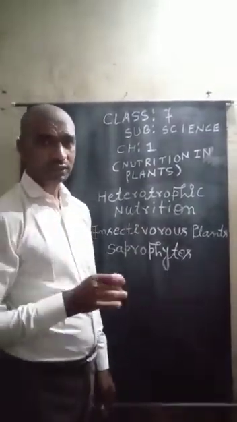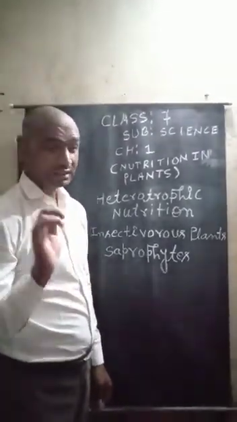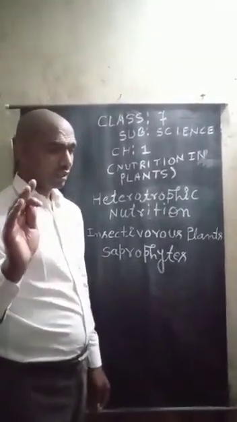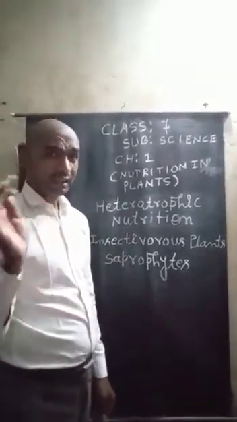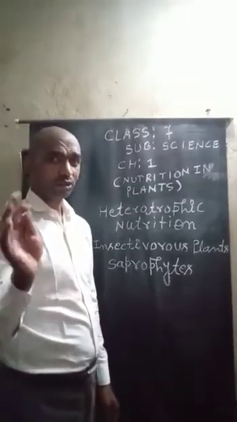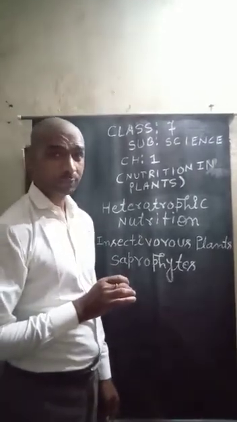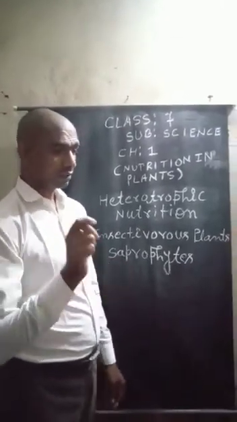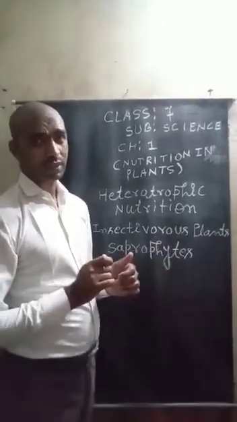Some plants, not all the plants, some plants only eat and take their nutrition by trapping and digesting insects and some small animals for their nutritional requirement, and these plants are called insectivorous plants.